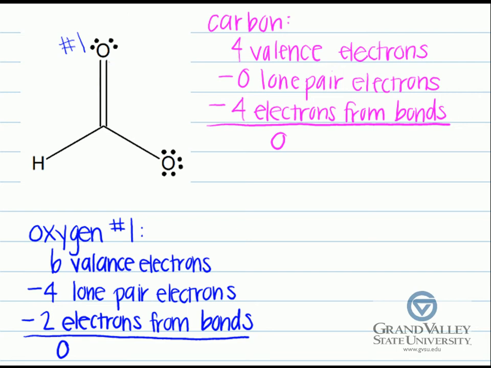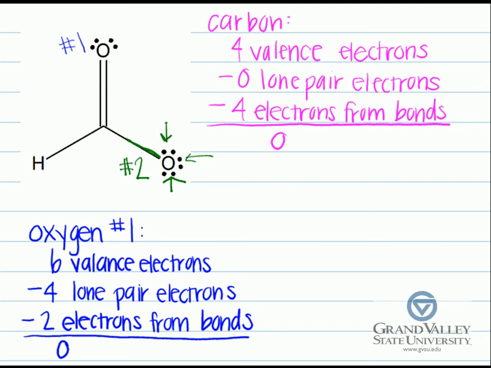We will next determine the formal charge on the second oxygen atom, which we will call number 2. Again, oxygen has 6 valence electrons. There are 3 sets of lone pair electrons on this oxygen atom, making a total of 6 lone pair electrons. The oxygen has 1 bond and therefore 1 electron from bonds.